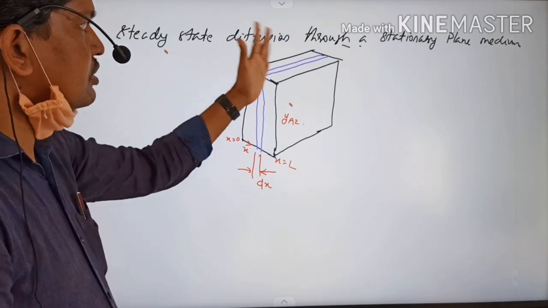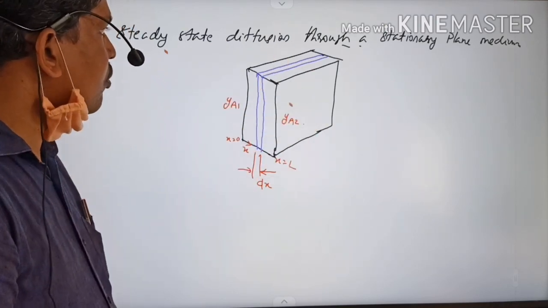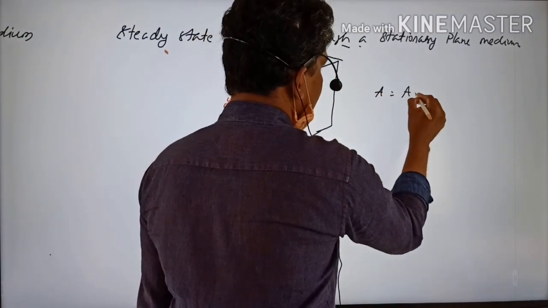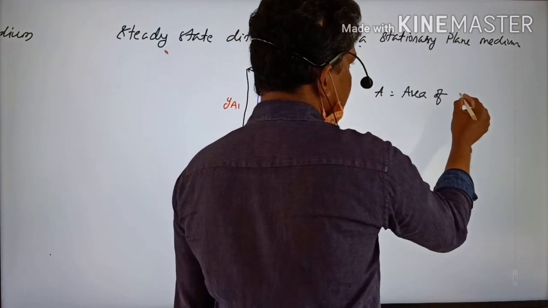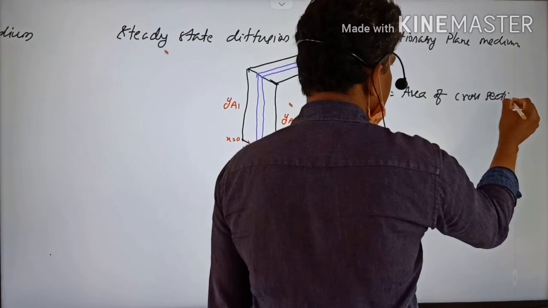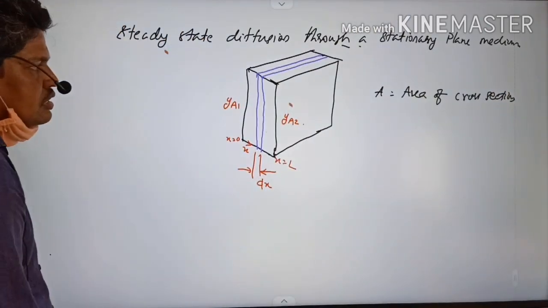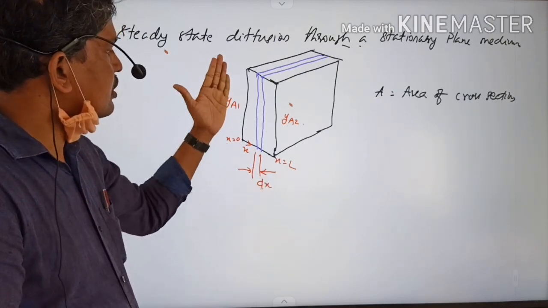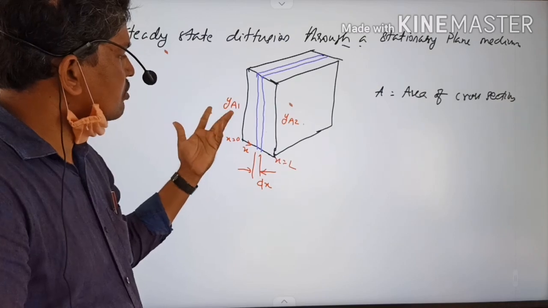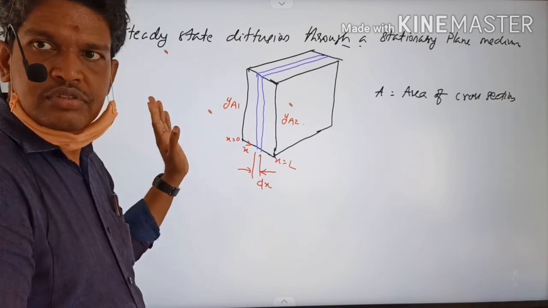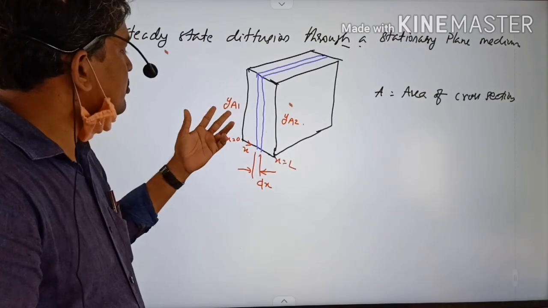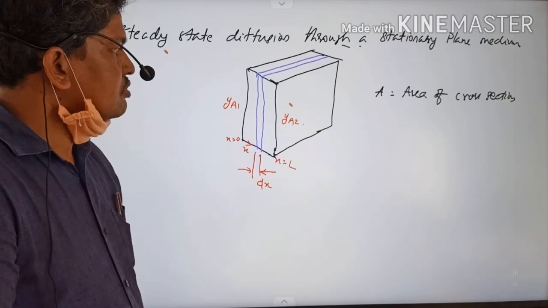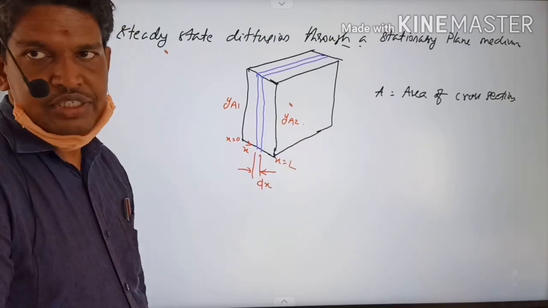Consider a stationary plane medium of cross-sectional area A. At x equal to 0, the mole fraction of component A is YA1, and when x is equal to L, the mole fraction of A is YA2.